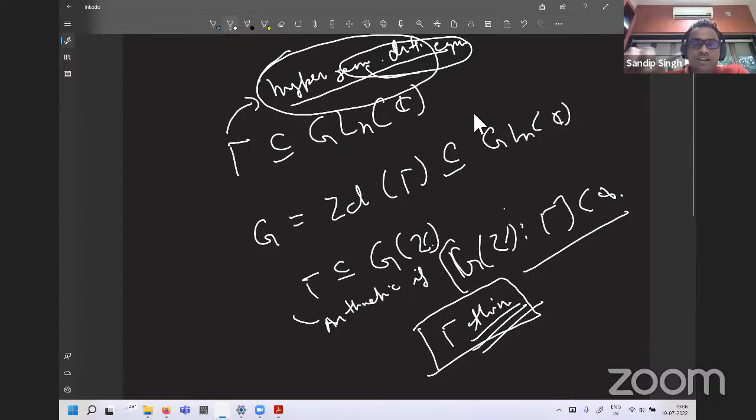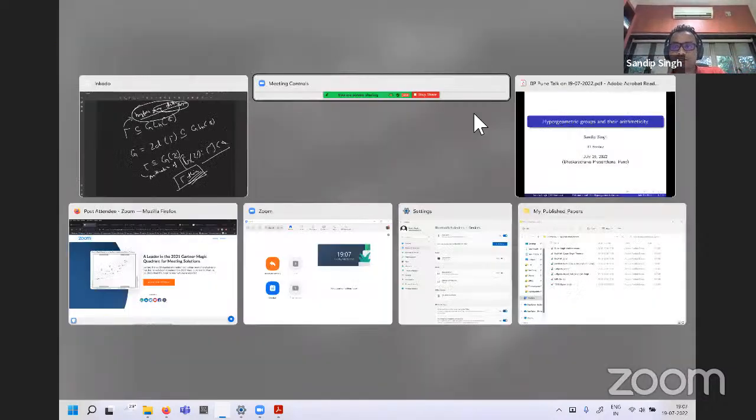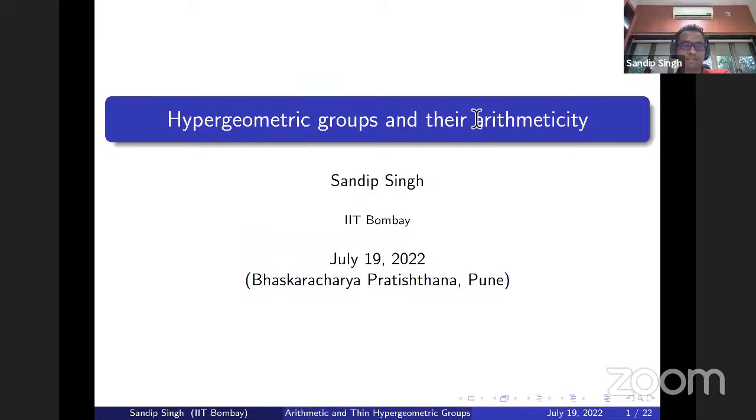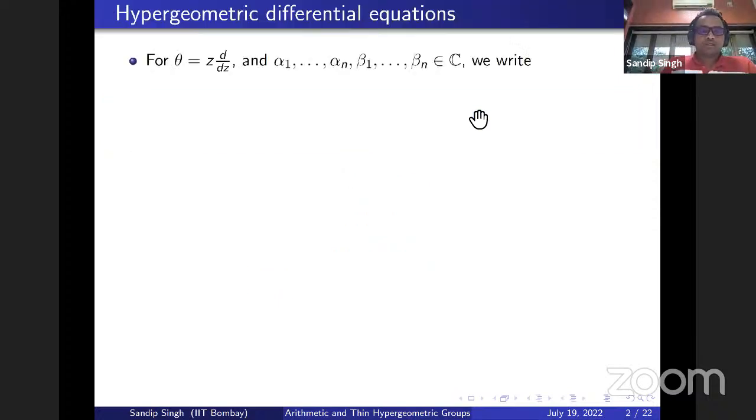With all these motivations, let us start formally by defining the hypergeometric differential equations and their monodromy. At the beginning, we fix the notation theta for the differential operator z d/dz, and alpha_1, ..., alpha_n, beta_1, ..., beta_n are complex numbers.